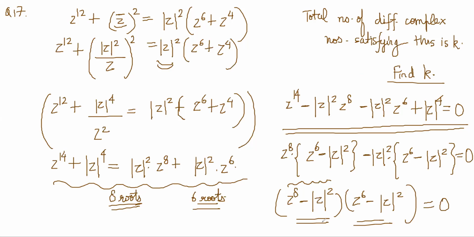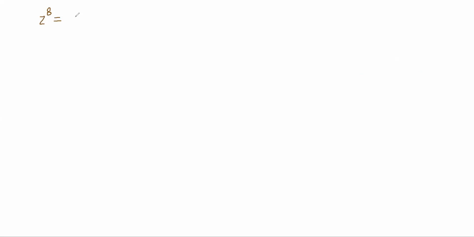So I get this. On the next page, z power 8 is equal to mod z to the power square, and the other one, z6, is equal to this. So if I want to find z here, I have to do the 8th roots of 1, right?